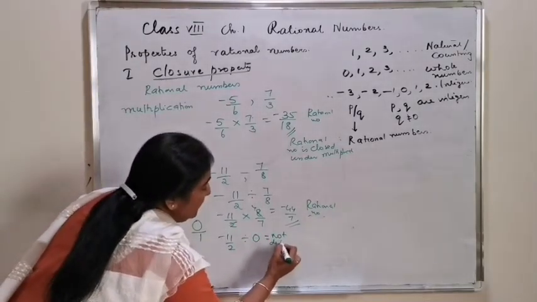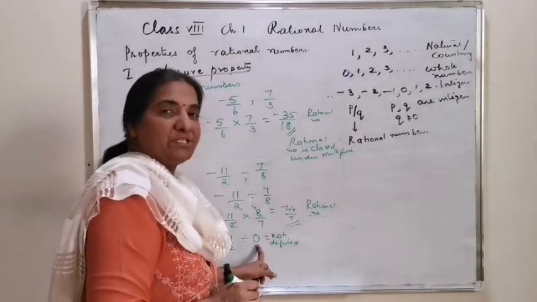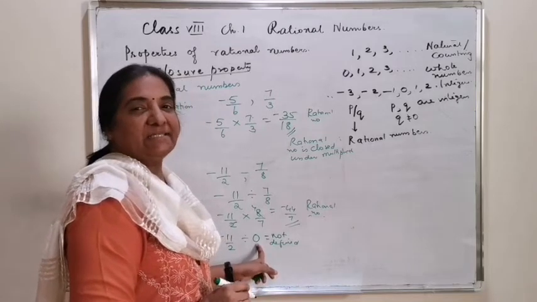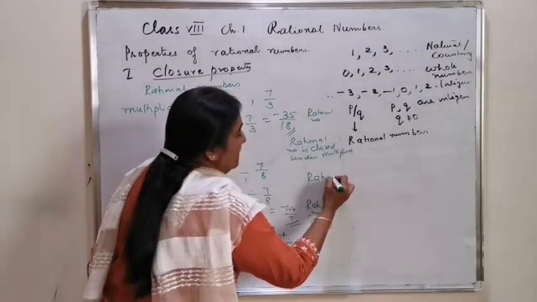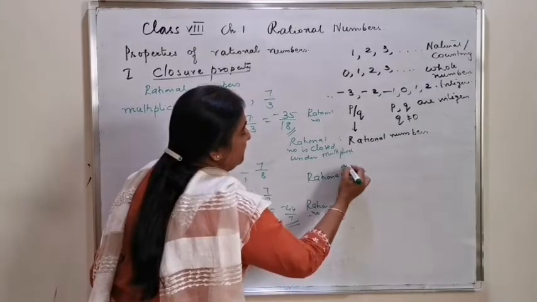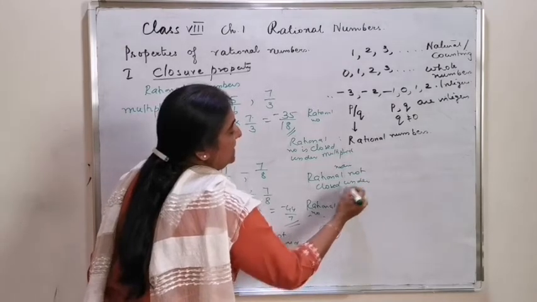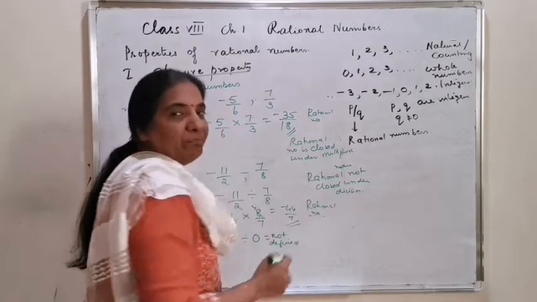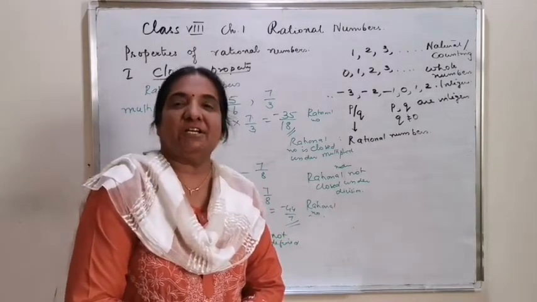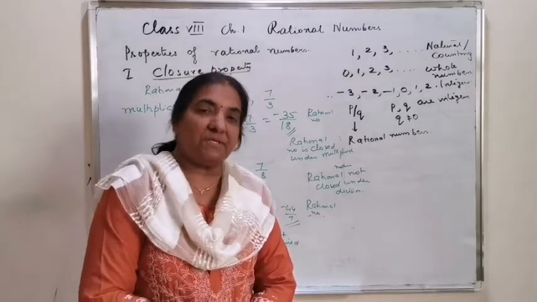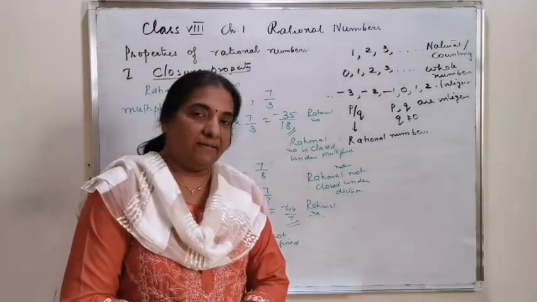This proves that if the rational number 0 is taken as the divisor, rational numbers are not closed. Even though all the other rational numbers satisfy it, 0 is a rational number, and since division by 0 is not defined, rational numbers are not closed under division.